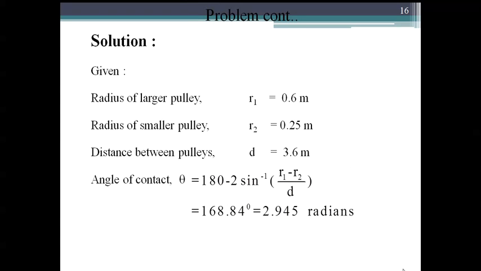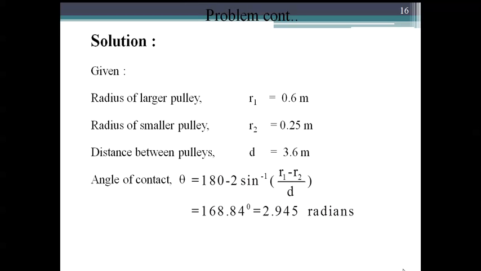Angle of contact theta: since it is an open belt drive, theta is equal to 180 minus 2 into sine inverse of (r1 minus r2) by d. By substituting the r1, r2 and d values in this equation, we got theta as 168.64 degrees.